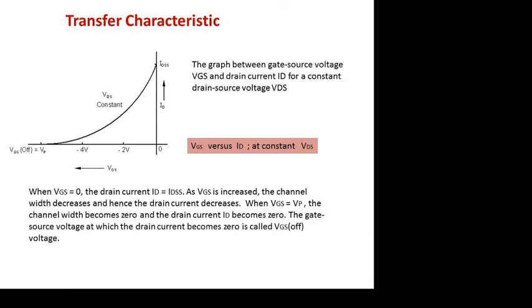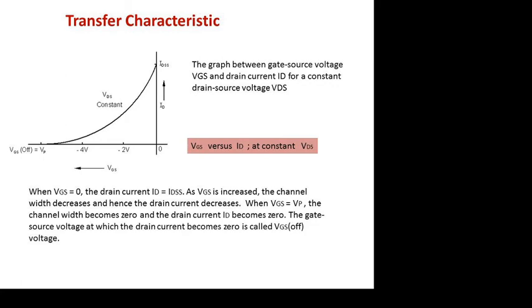Coming to the transfer characteristics, it is a graph drawn between VGS and ID, keeping VDS constant. This gives the transfer characteristics. When VGS is 0, we have some current ID that is called IDSS.